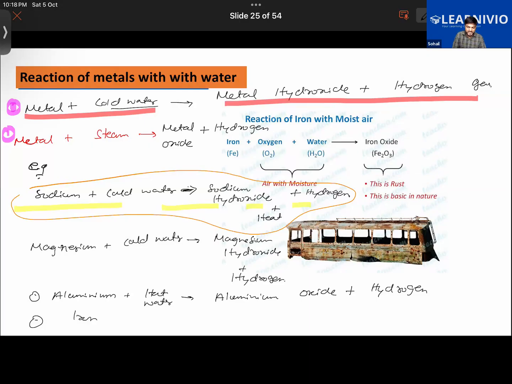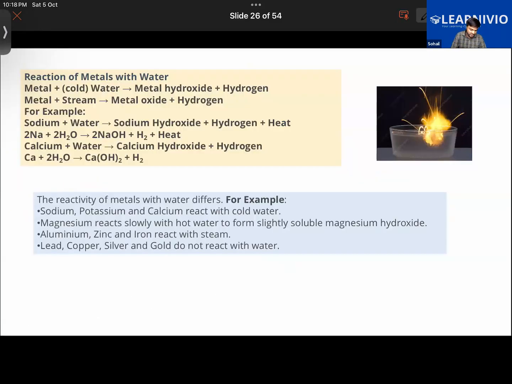Iron normally does not react with cold water that vigorously, but if we want the reaction to happen fast, then we can react it with hot water. So we learned that the reaction of metal with cold water gives a metal hydroxide and hydrogen. Reaction of metal with steam gives metal oxide plus hydrogen. And we had the following examples.